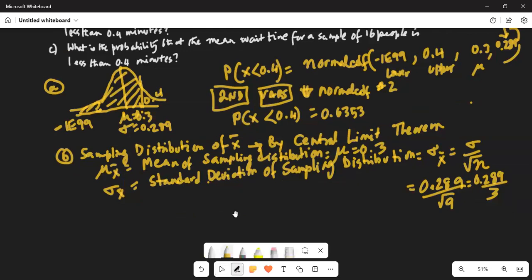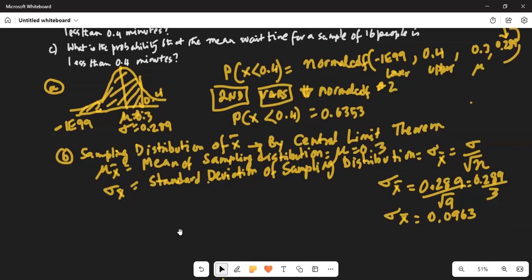So sigma x bar is equal to 0.289 divided by 3, and that is 0.0963.